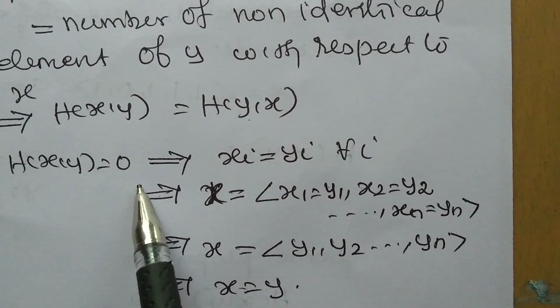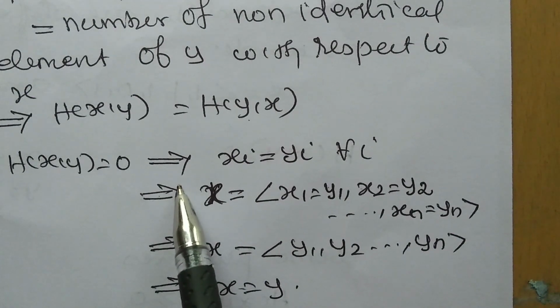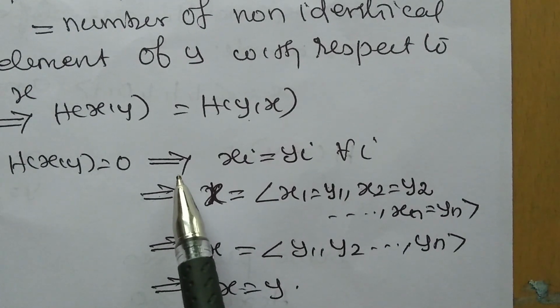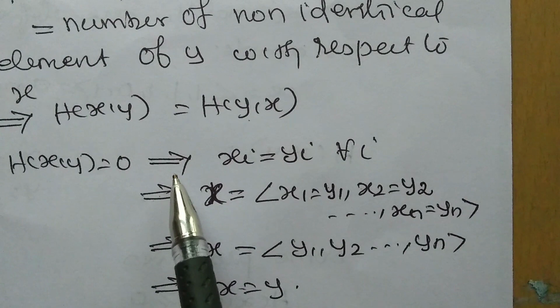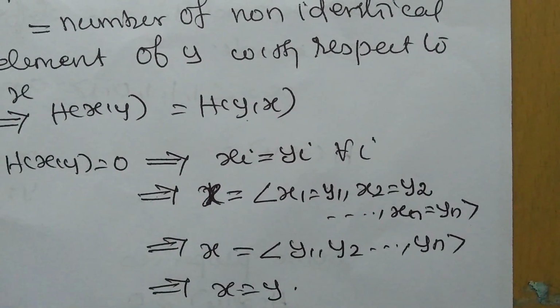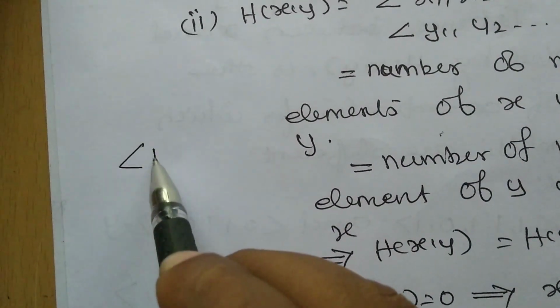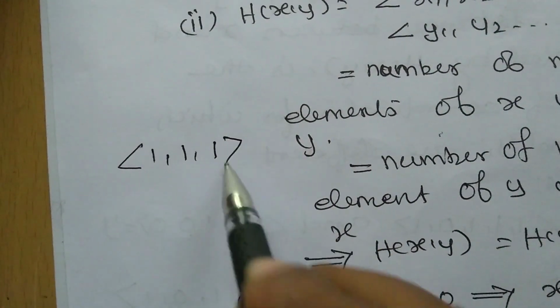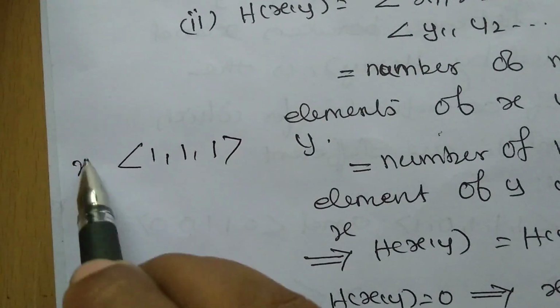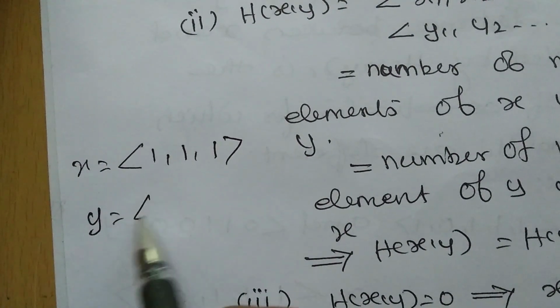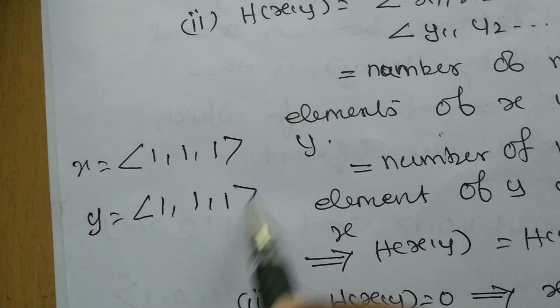The third one is h of x, y is equal to 0. h of x, y equal to 0 implies, what does 0 mean, x and y have identical values. For example, if you take 1, 1, 1, that is x, and y is equal to the same 1, 1, 1.